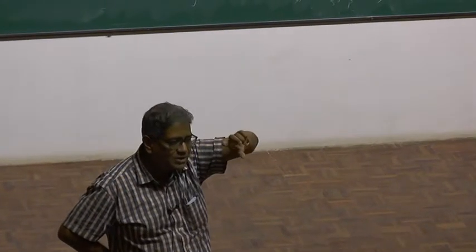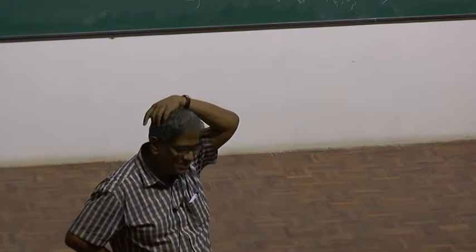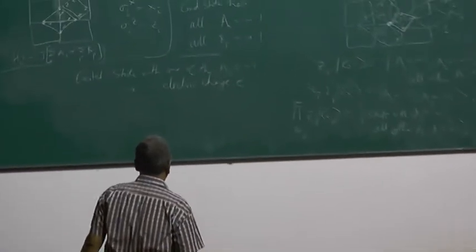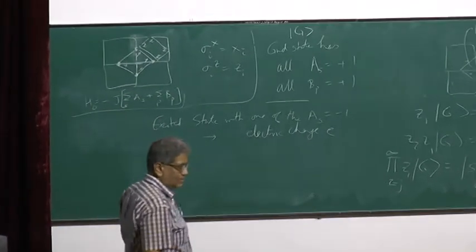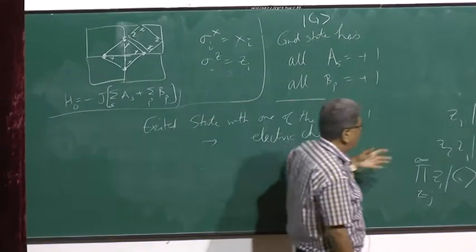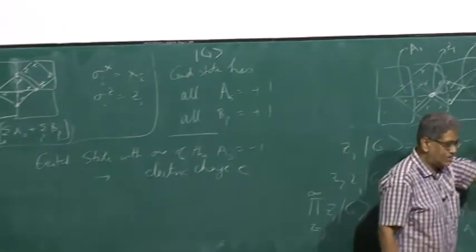So even if you are changing only one operator, in that large superposition, you are actually changing a huge number of terms. You start with a ground state, but you hit it with a string of Z's, and so it changes it in many different places.